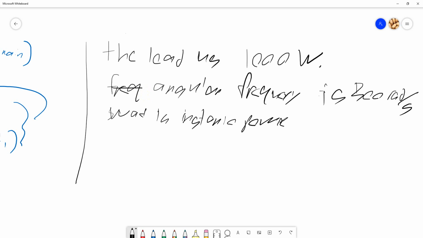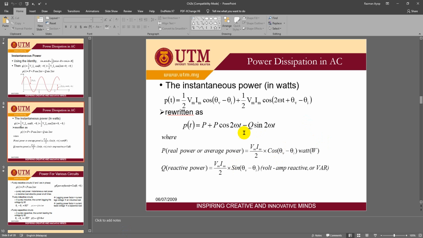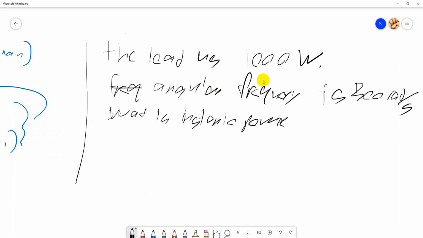And don't forget Q, which is 500 VAR. So what is the instantaneous power at 3 seconds?